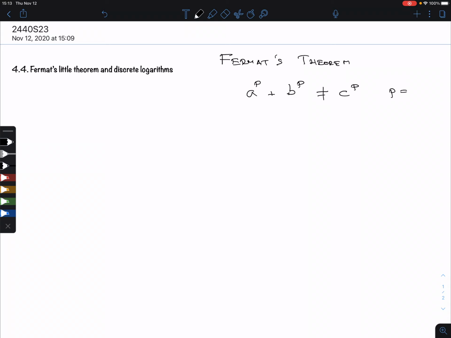Unless, of course, p is 2, because for any number bigger than 2, this can never happen, where a, b, and c are non-zero integers. So this is always true. The sum of two cubes is never a cube.